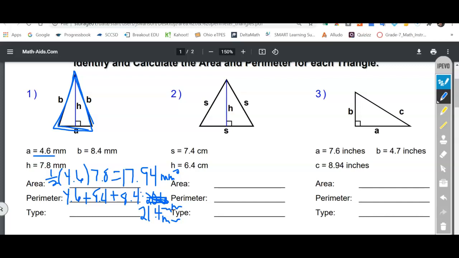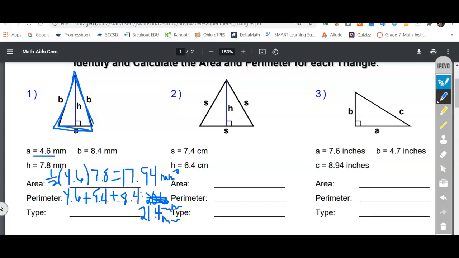So look at your paper. Look at the types of triangles. What type of triangle is this? What do you think, Bree? It is isosceles. Is there anything else we can call it?